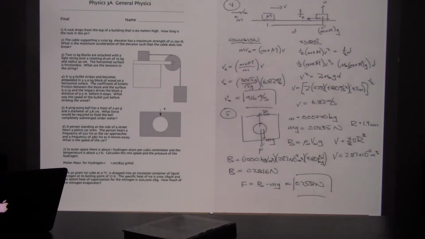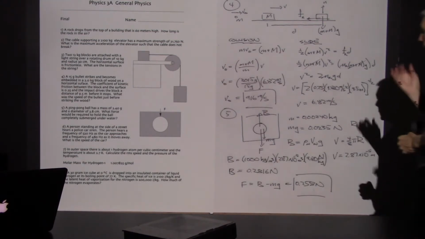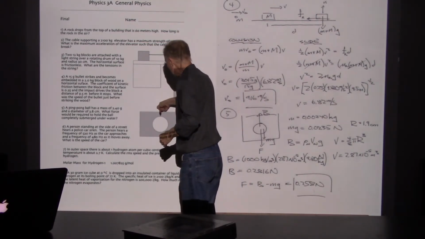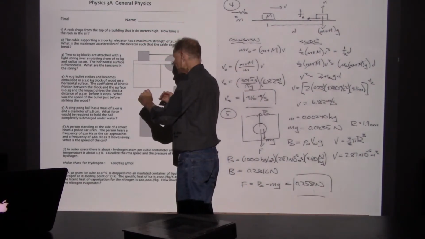So this thing doesn't just float, but it floats with most of its volume out of the water. If we hold it under the water, the buoyant force gets really, really large, and we would have to exert a force on it to make sure that it stays below the water.